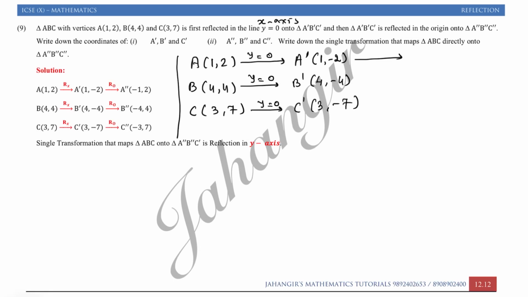Then A dash, B dash, C dash is reflected in origin to get A double dash, B double dash, C double dash. Since it is reflecting in origin, I change the sign of both coordinates.